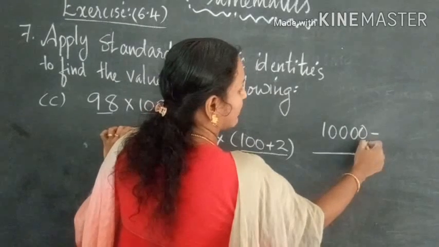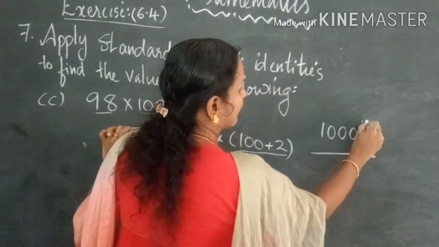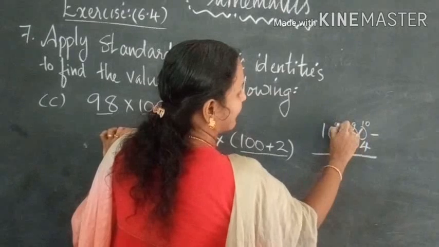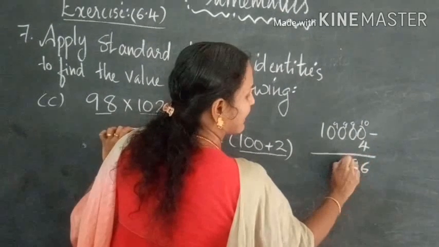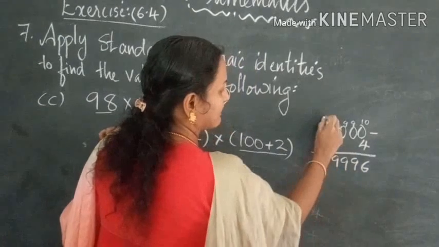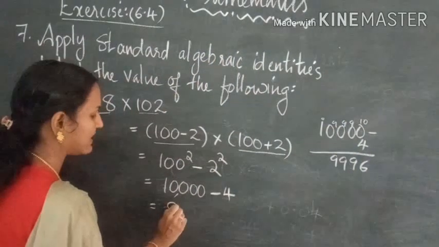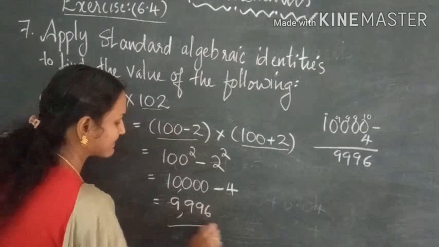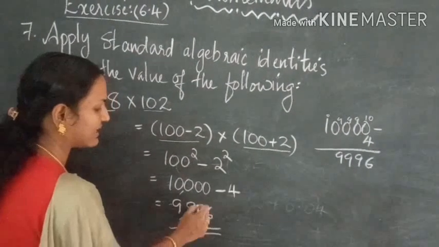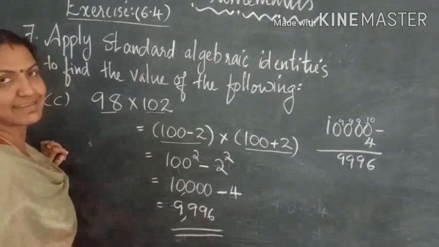Here 0 minus 4 is not possible, so 10, and the remaining numbers are 9. 10 minus 4 is 6, 9, 9, 9. So 9,996.